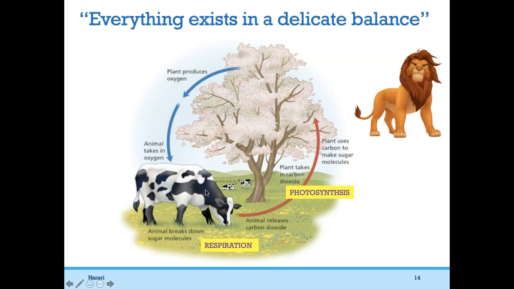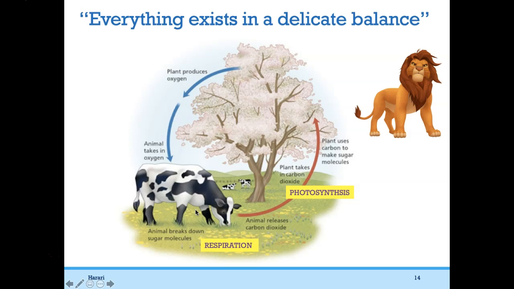This animal over here can breathe in the oxygen and will consume other producers like this grass, and together will be able to make ATP using cell respiration. Right? So the animal takes in oxygen and breaks down the sugar molecules contained in the grass.